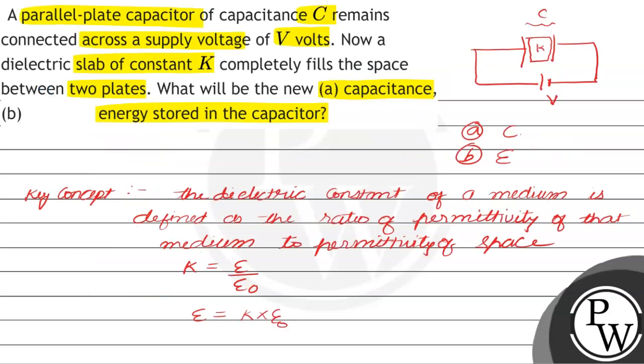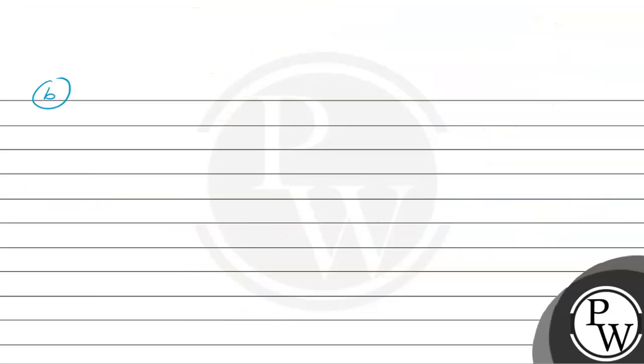Now let's see option B, which is energy stored in the capacitor. Now energy initially stored in the capacitor is defined as half into capacitance C into the potential difference applied across this capacitance, V squared.